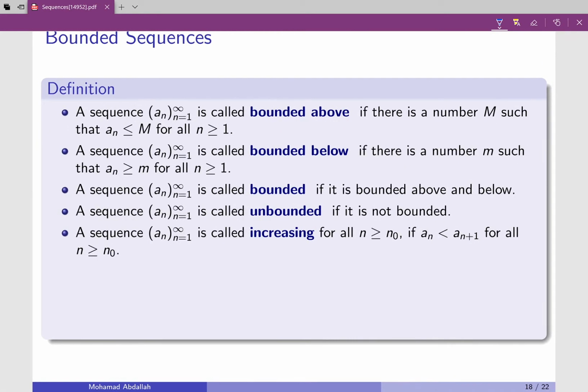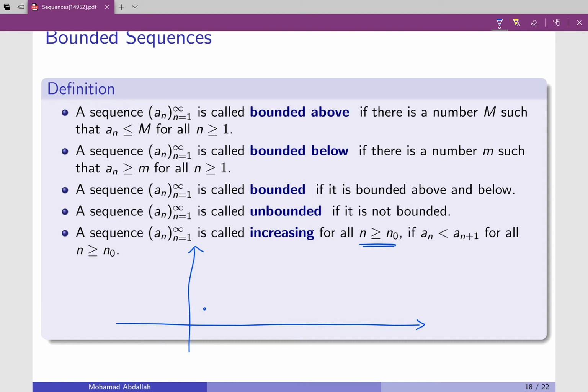Then we define the increasing and decreasing sequences. A sequence an from n equal 1 to infinity is called increasing if for all n greater or equal to n0, an is less than an plus 1. So what does it mean? If I want to graph a sequence, it's actually just a list of points.